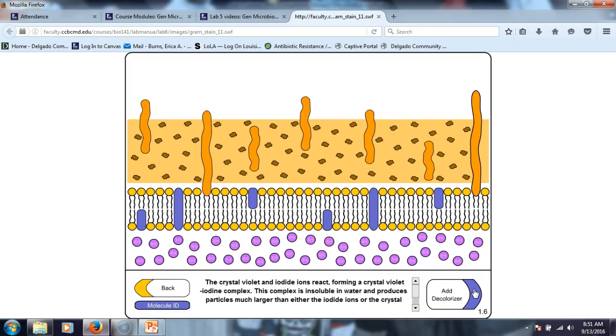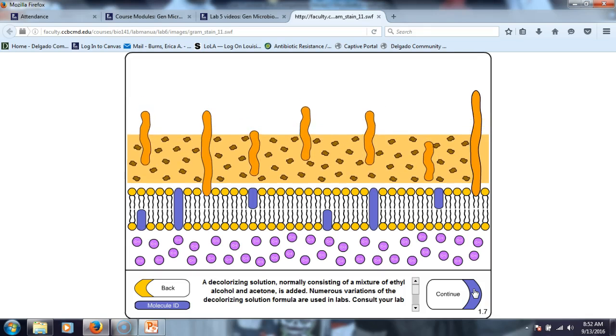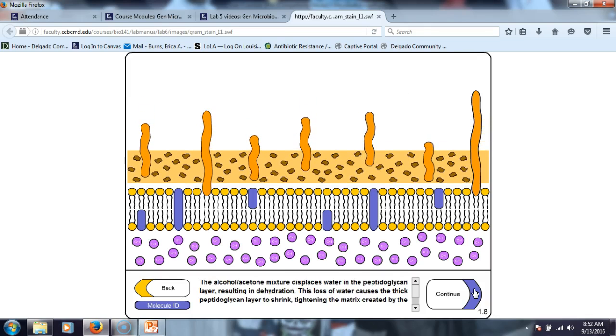Now what's the next step? We did crystal violet, we did iodine, we rinsed with water, decolorized dropwise with ethanol, right? Watch what happens to this cell when we decolorize. That's the ethanol that causes that?